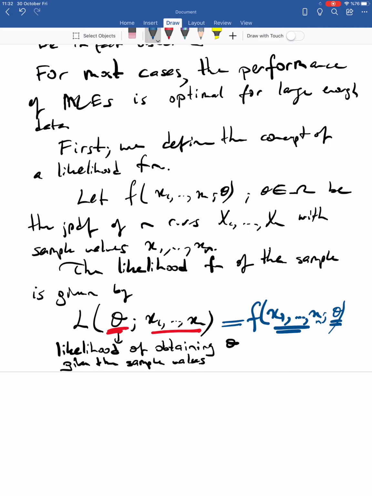Okay, but mathematically how we are finding it is by using the joint PDFs, and usually we denote it by L of theta. We don't write x values most of the time. It's a function of theta. So basically this part shows us the density or the probability of random variables given the value of theta.